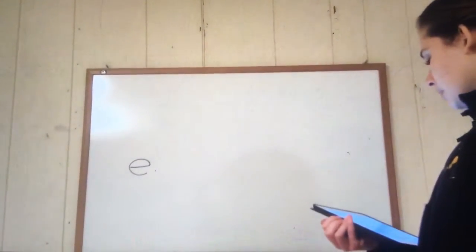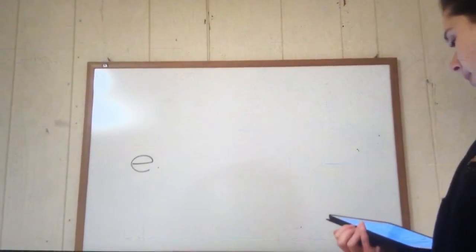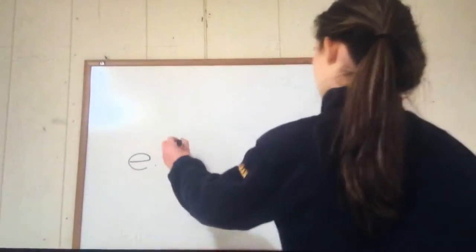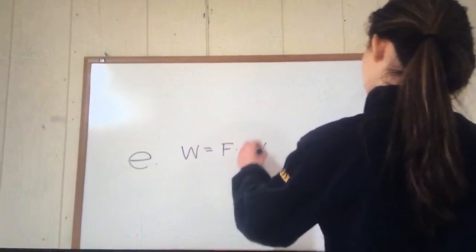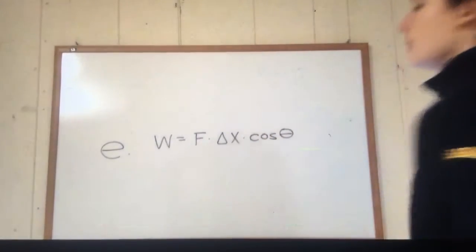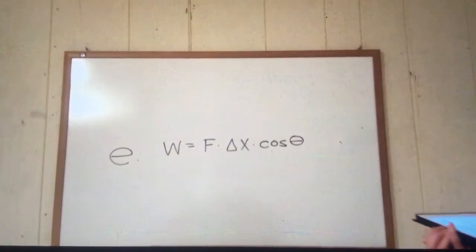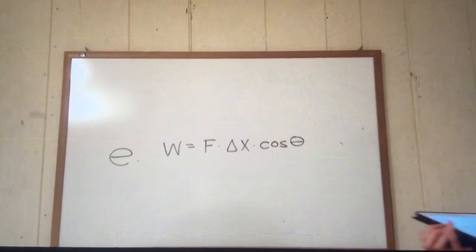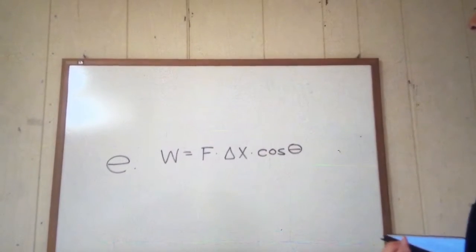To figure out how much work is done by the friction force, we will also use the work equation. Work is equal to force times the displacement times cosine of theta. Now, as we know from our free body diagram, the friction force is going in the opposite direction of the applied force, so therefore the friction force will be negative.